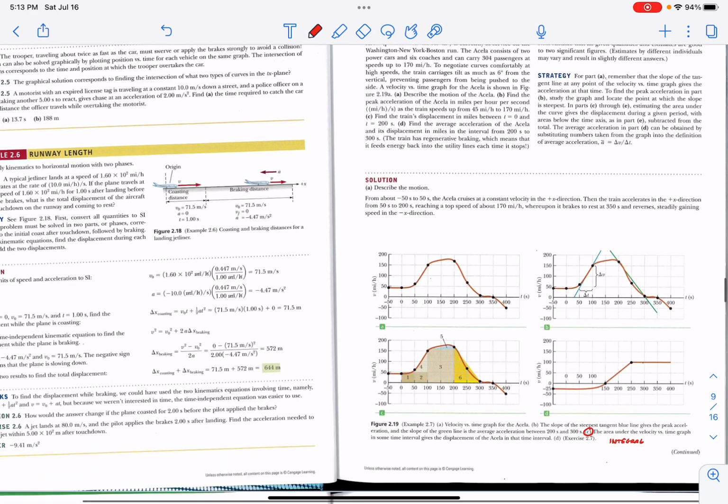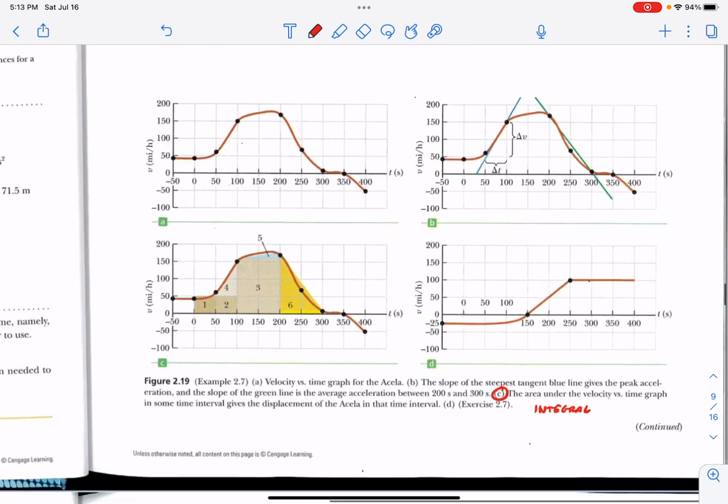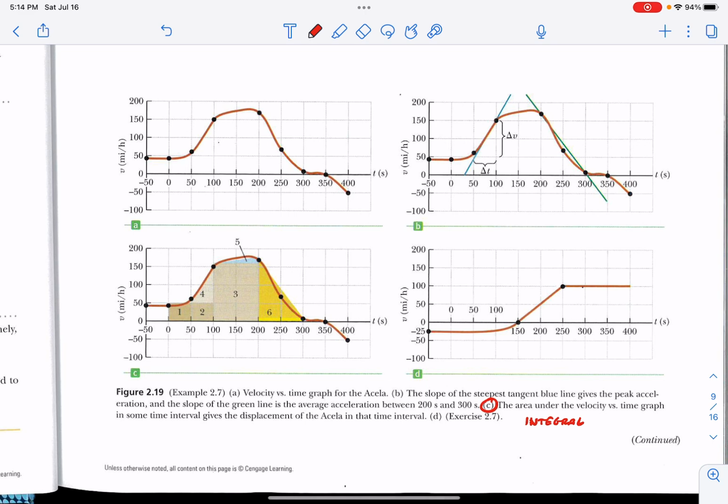Over here, by the way, there is a meaning to the area under the curve. The area under the curve is going to give you some function of the y-axis times the x-axis, some function of the two. In this case, velocity times time.